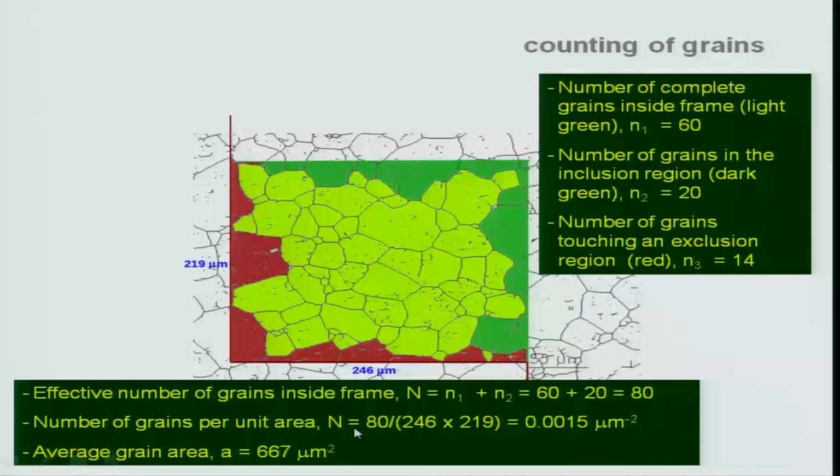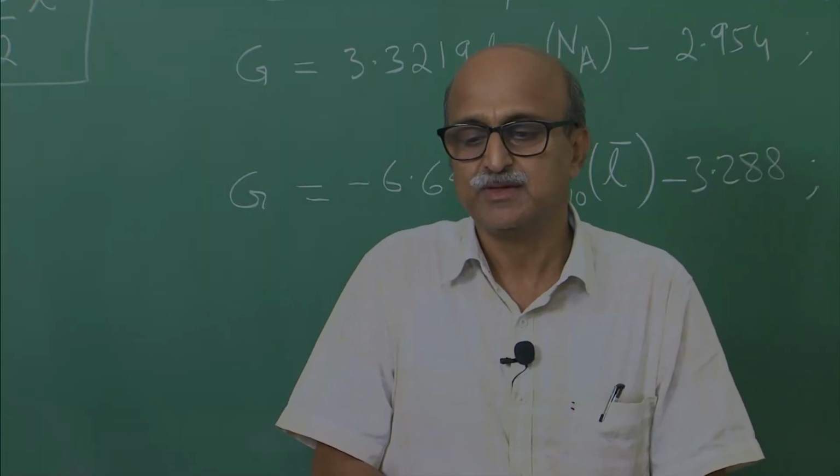It is 80 divided by the area of this mask, which is 246 into 219. Hence, this gives me the number of grains per micrometer square, which is 0.0015. I can convert this into per millimeter square as well by multiplying it by a factor of 10 to the power 6.